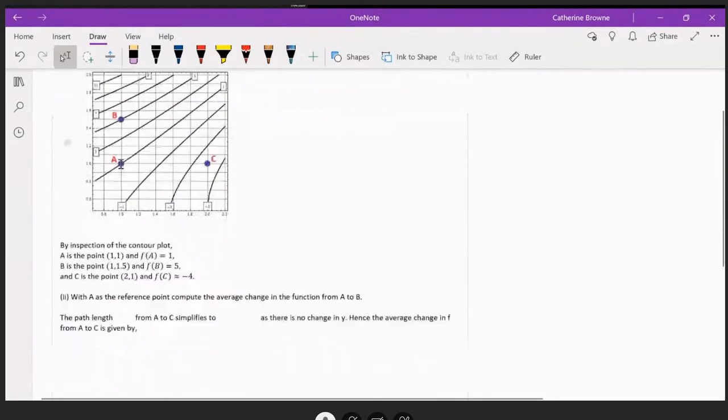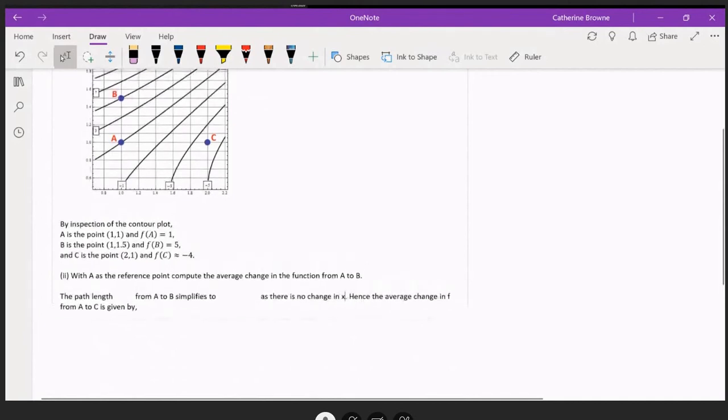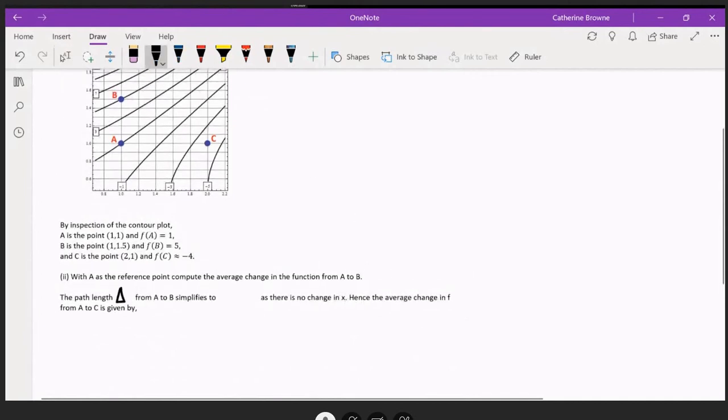So the path length from A to B simplifies to just the change in y, because there's no change in x. Essentially, the change in x is 0.